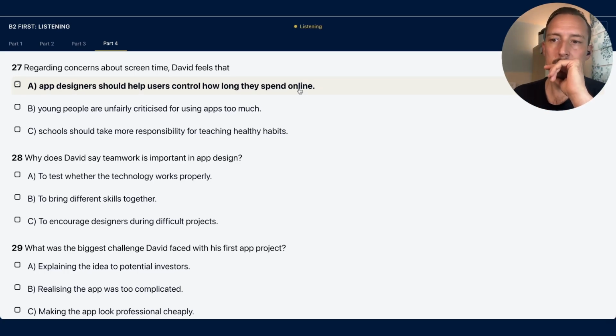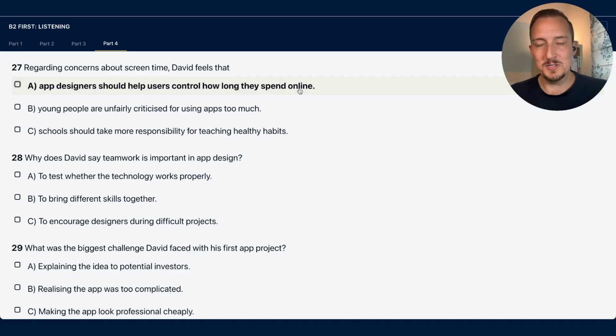It's no use just saying schools should deal with the problem by raising awareness. He's not saying that schools should take more responsibility. He's just saying it's pointless just giving it to schools. He's basically saying it needs to come from the app designers. So A is our correct answer.